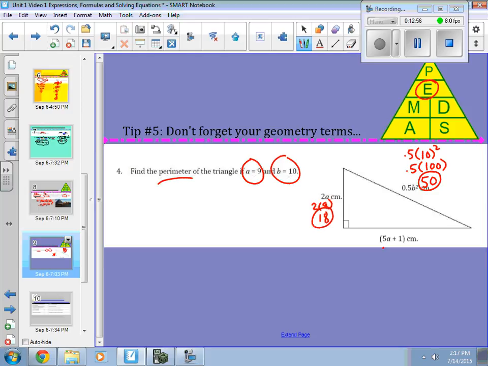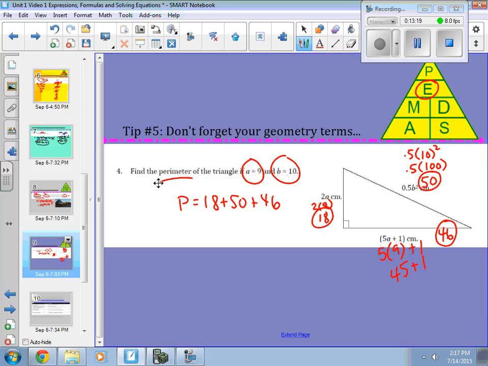Do the same thing on the last one. Looks like we need to substitute in here A, which is 9. We got to multiply first. 5 times 9 is 45. Plus 1, that length is going to be 46. Now to find the perimeter, just add them all up. So the perimeter looks like it's 18 plus 50 plus 46.